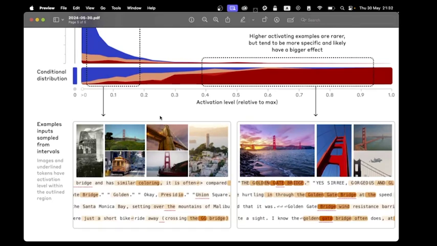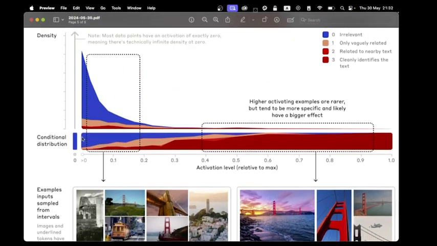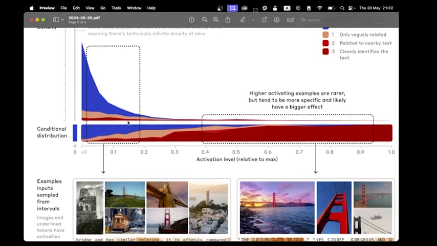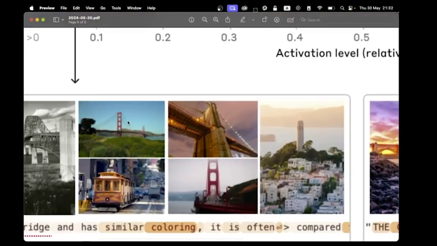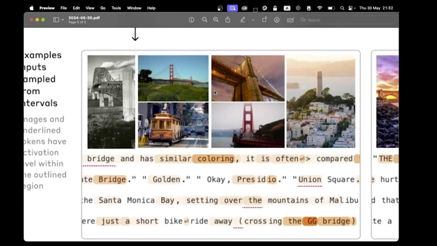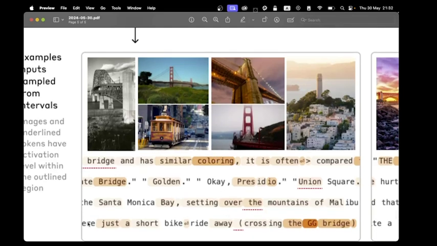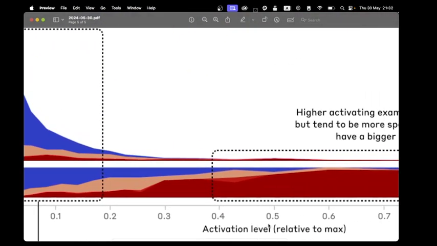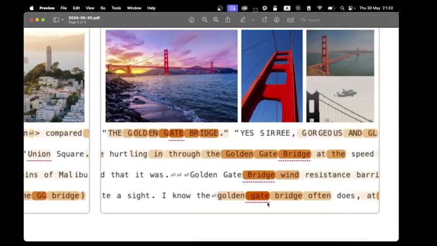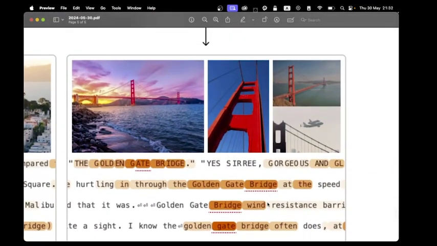If you look at the left-hand side, which is low activation level of this feature, we are seeing some bridges which are related to the Golden Gate Bridge, with similar coloring, or tourist instructions, something like crossing the Golden Gate Bridge. And if we go to high activation levels, we are seeing the same, in all its glory.